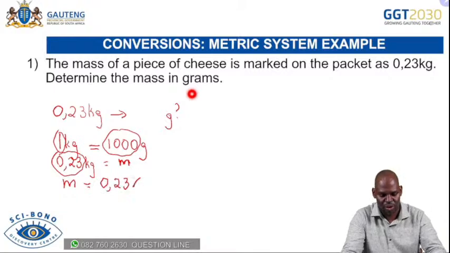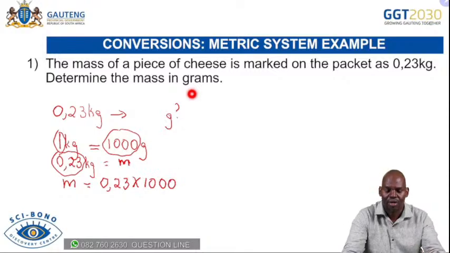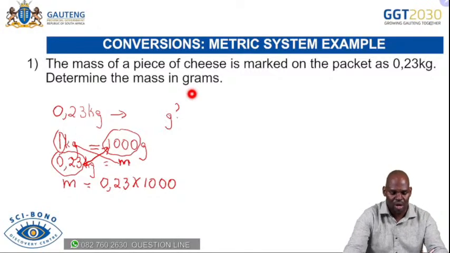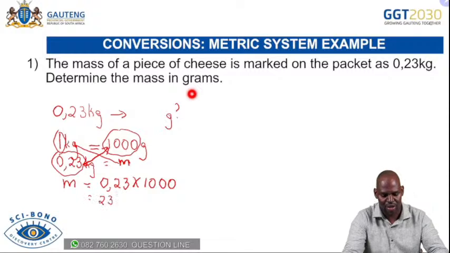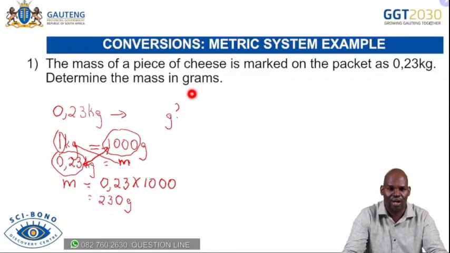This one I prefer to indicate as multiply by 1000. I'm cross multiplying the top one by the bottom one, and then the same thing with the other one. So 0.23 multiplied by 1000 will give us 230. Then we know that our answer is in grams.